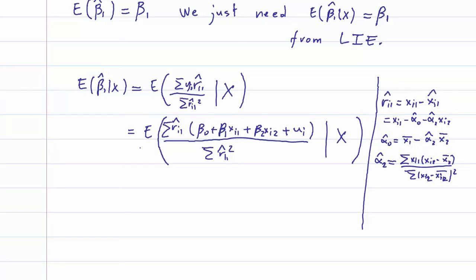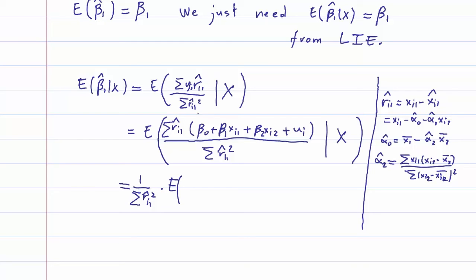So in the expectation here, because it's conditional on x, the bottom part just depends on x, I can get it out.